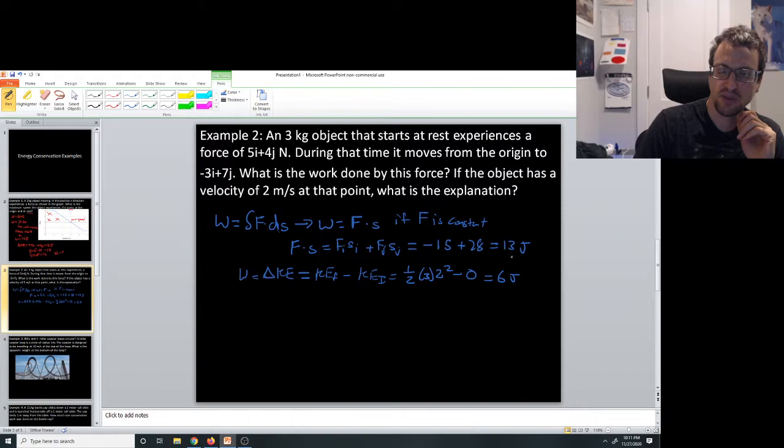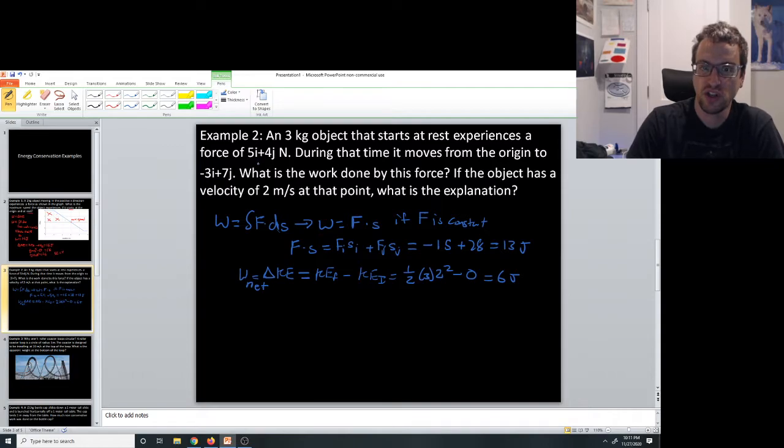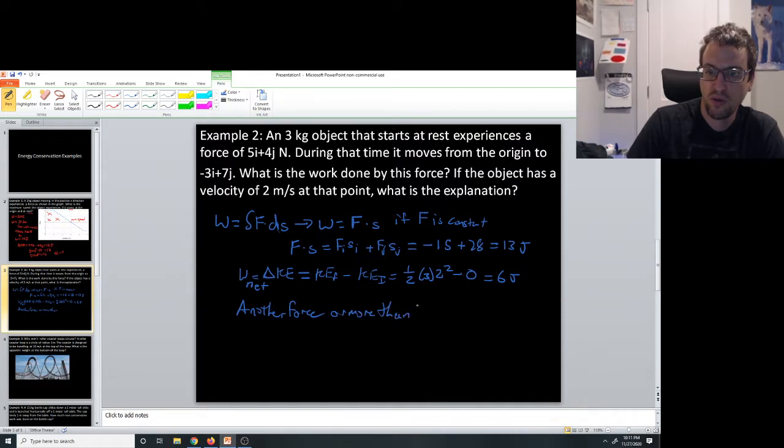It doesn't make sense, except this right here is the net work. And this right here is the work just of our force, of that particular force. So basically the explanation is there's another force, or more than one, that does negative 7 joules of work.